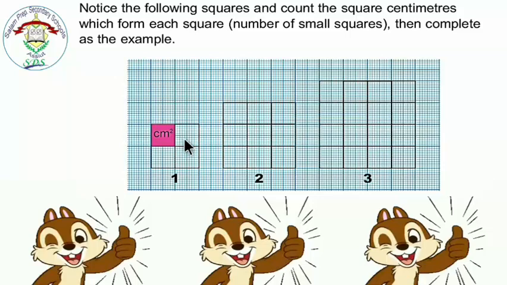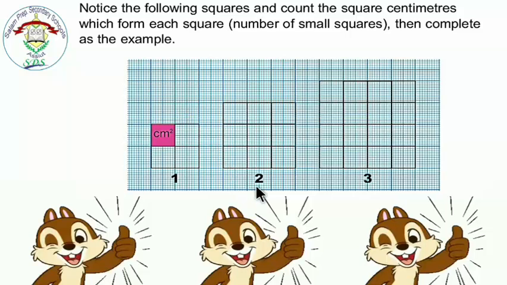The row has 2 squares, so we have 2 times the column, which has 2 squares, so 2 times 2, okay, equals 4 square centimeters.